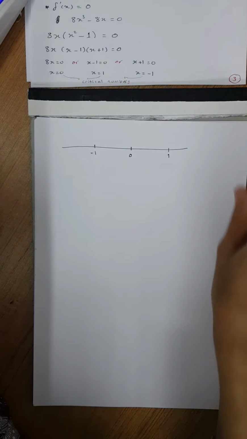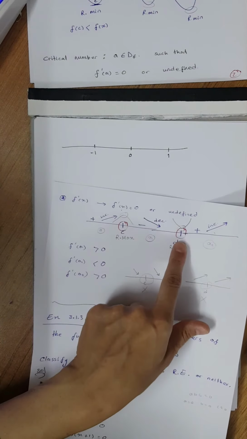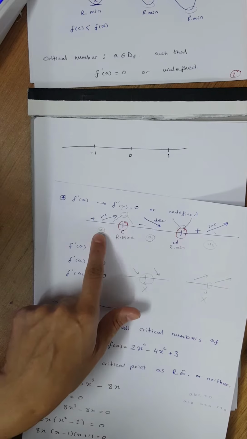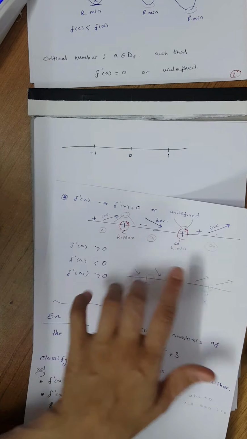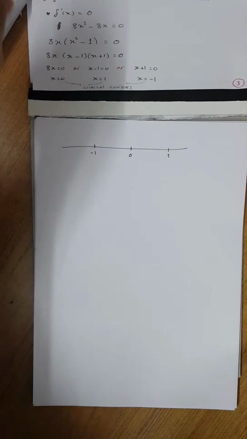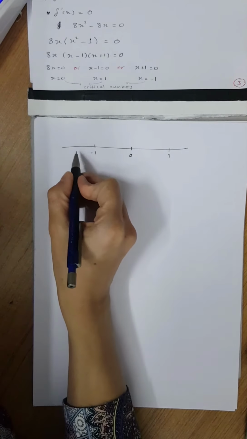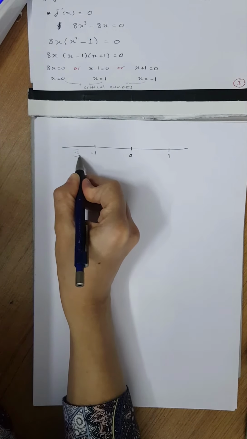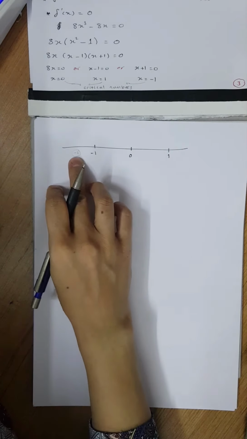Then what shall we do? We shall choose test numbers. When we're putting the critical numbers on the real number line, we're putting test numbers. We're choosing test numbers from each interval, and then we're putting the test numbers in the first derivative of the function. So let's choose a number that's less than minus 1. We will consider it minus 2. You can also consider minus 3, minus 4, but minus 2 is the easiest.